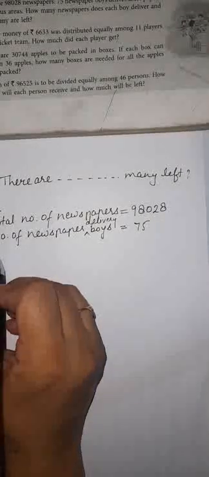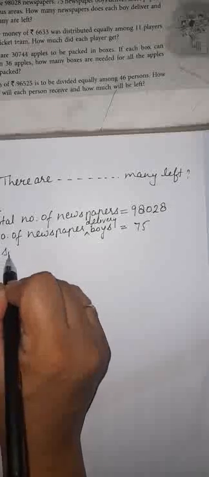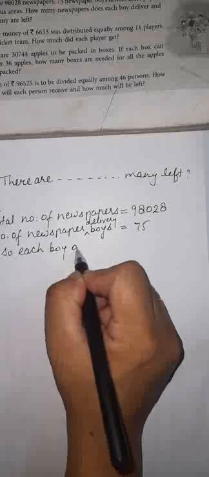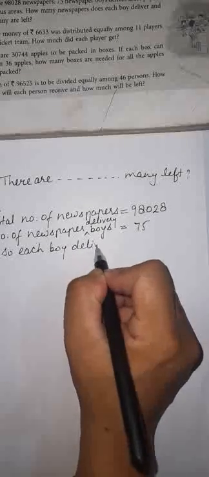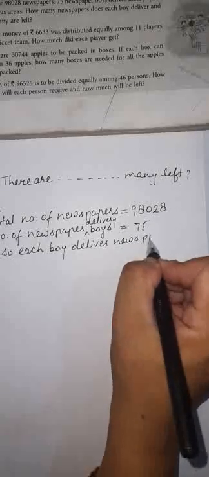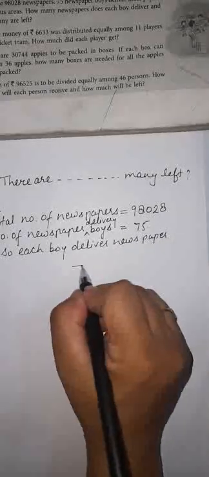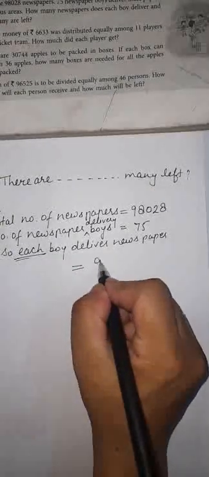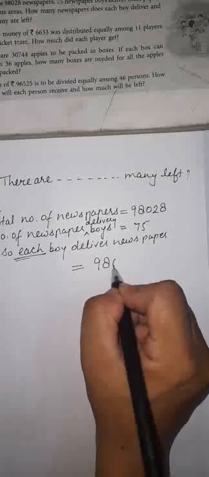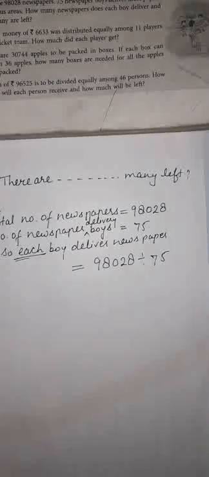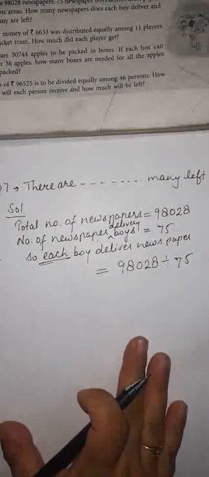The third statement we will write: each boy delivers newspaper is equal to, and here each means 1, so 98,028 divided by 75. Okay children, now we will solve it here.